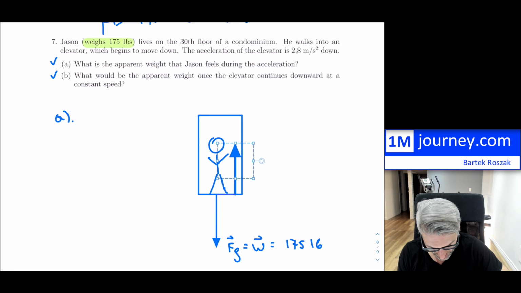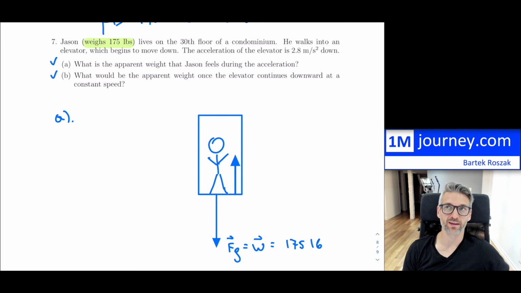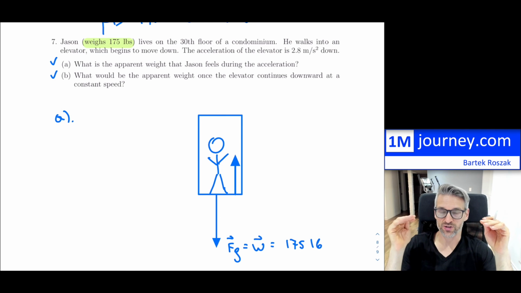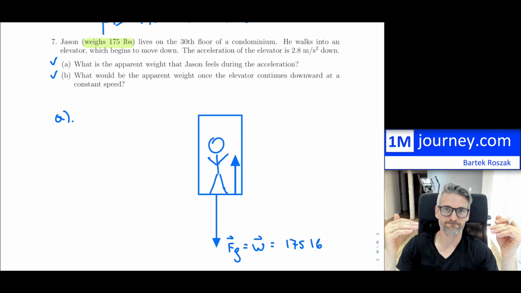It's going to have some kind of a force here. Now, the question is, is it going to be smaller or bigger than his actual weight? You're moving down, and you can probably sense this: if you walk into an elevator and it starts to move down, you do feel a sense of being a little bit lighter, because you're going down with gravity as you're moving downwards.